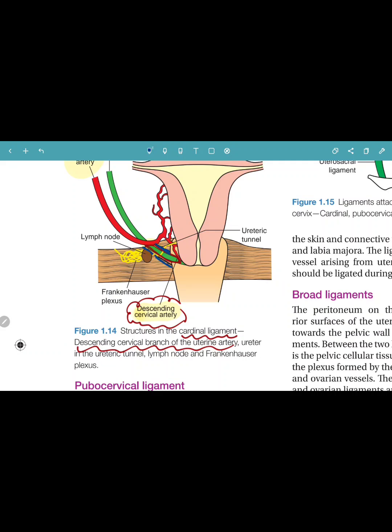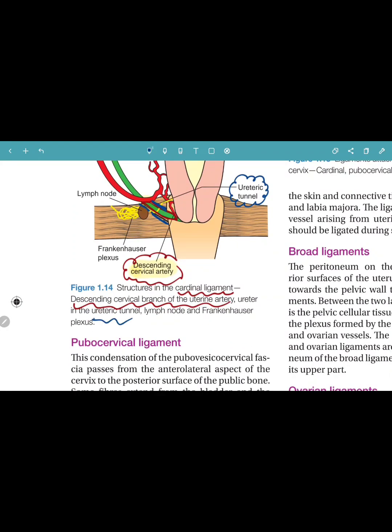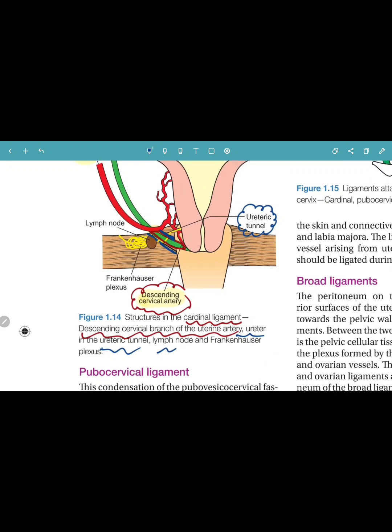So this tunnel is otherwise known as the ureteric tunnel. Then you have your ureter in the ureteric tunnel, and lymph nodes are there. These are your lymph nodes. And then you have Frankenhauser plexus, very important. This is your Frankenhauser plexus.